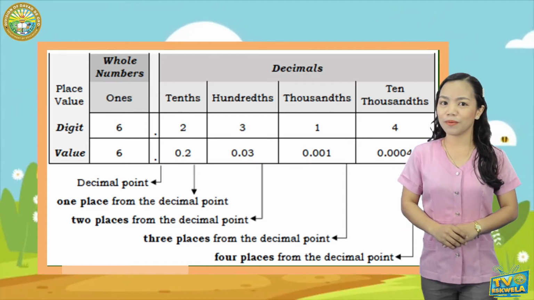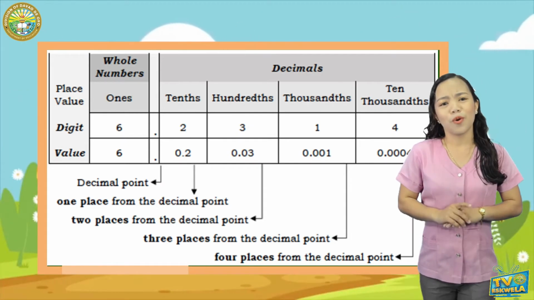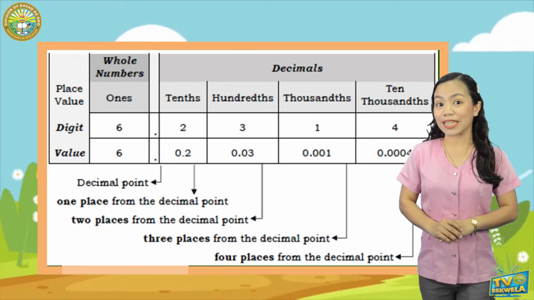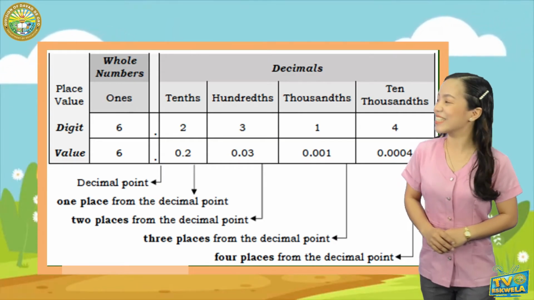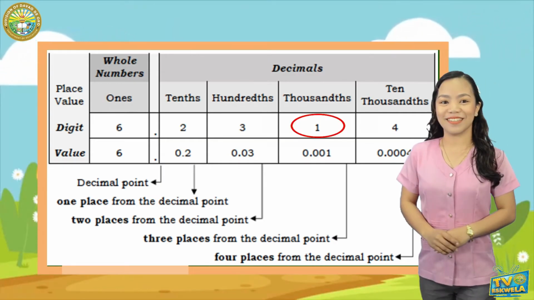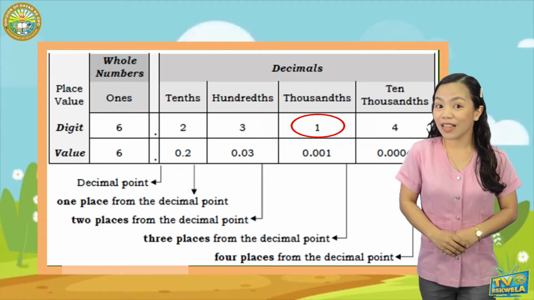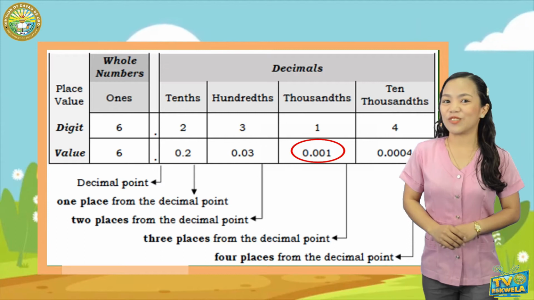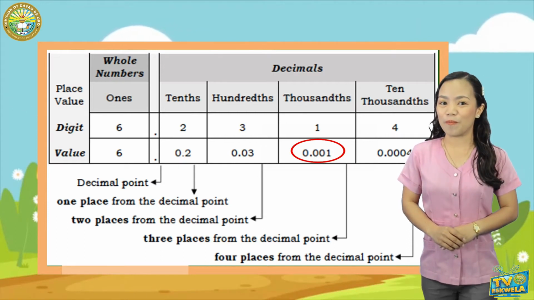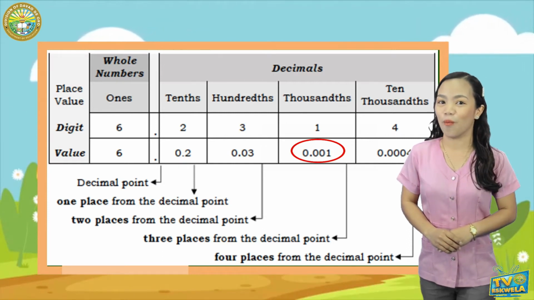Did you follow? Which digit do you think is in the thousandths place? Yes, it's 1. What is its value? Its value is 0.001.